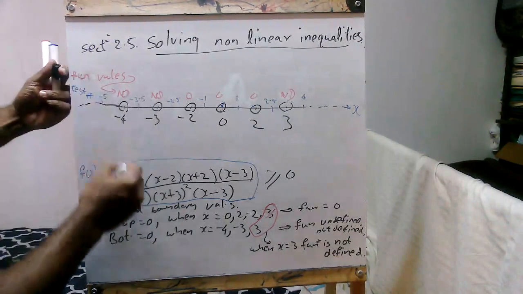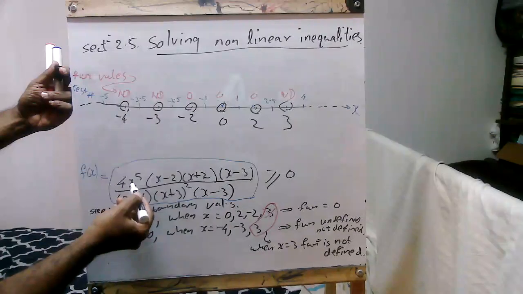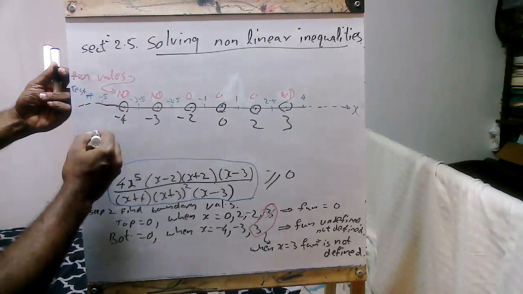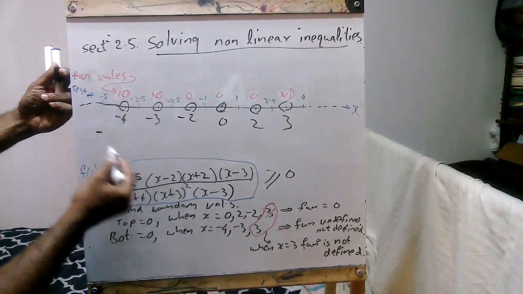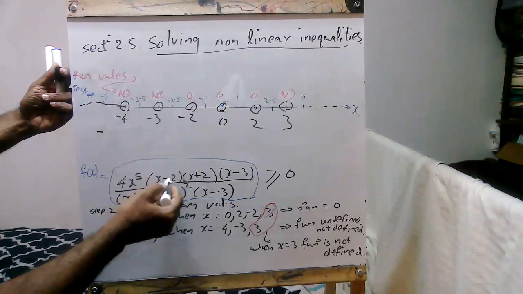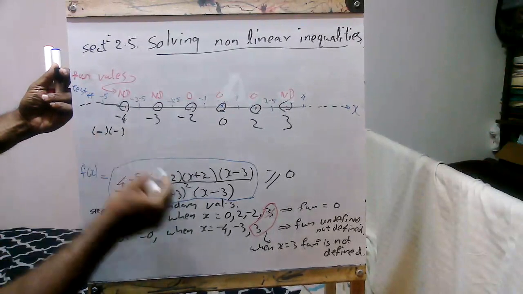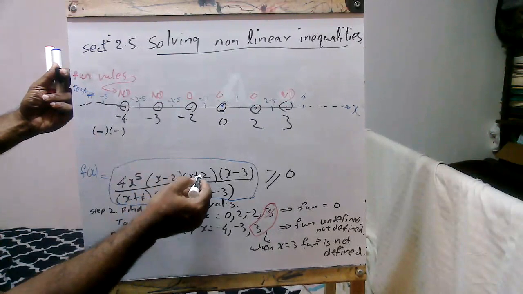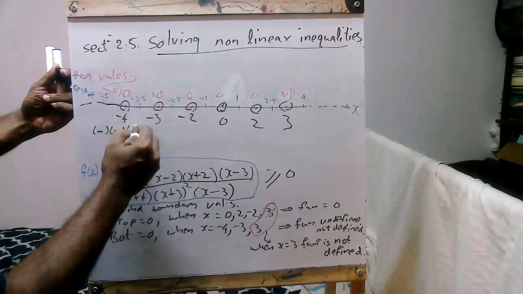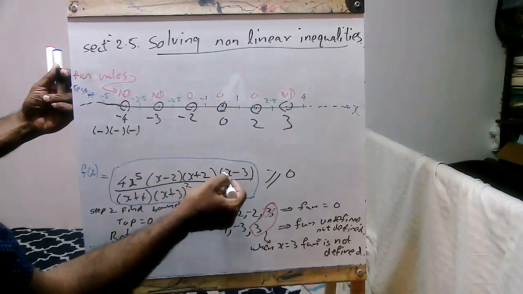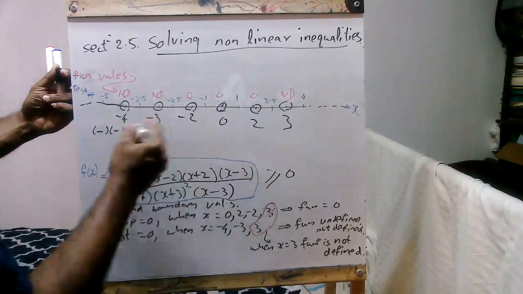Let's substitute negative 5 here. Negative 5 to the 5th power is negative. You simply write the sign. Negative 5 minus 2 is negative. Negative 5 plus 2 is negative. You don't write the number, just the sign. Negative 5 minus 3 is negative.